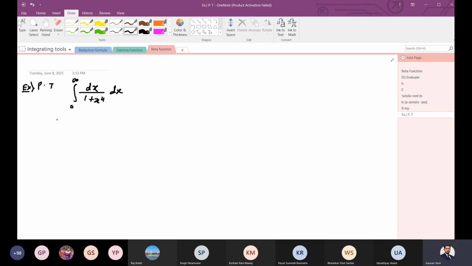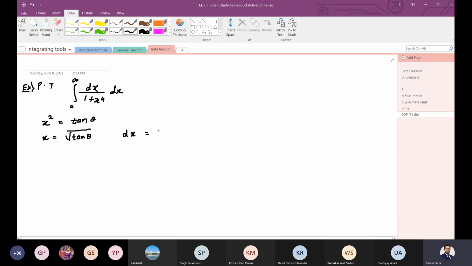So in this 1 plus x raised to 4, of course, whenever you see this type of thing, x squared is equal to tan theta. So 1 plus x squared will be 1 plus tan squared. The rest can be simplified later. So x squared is equal to tan theta, which means x is equal to the square root of tan theta.